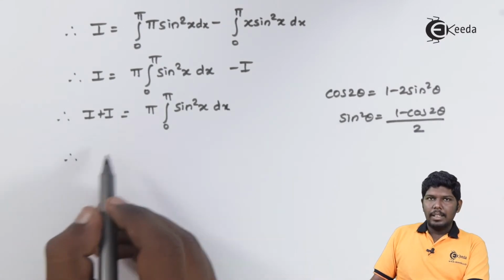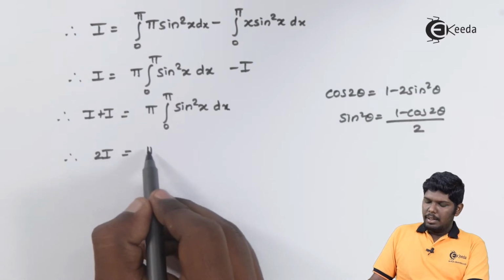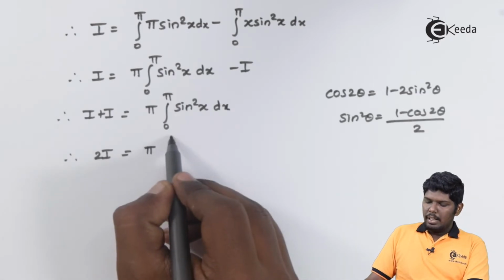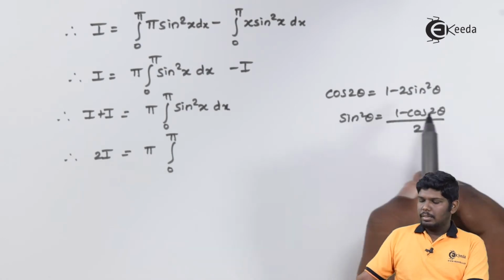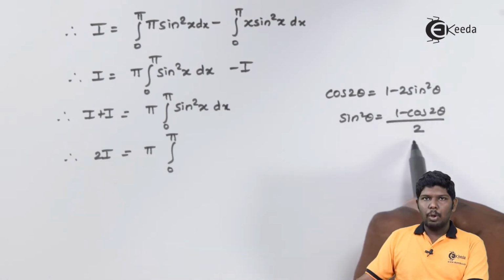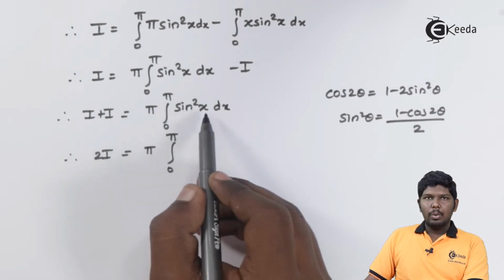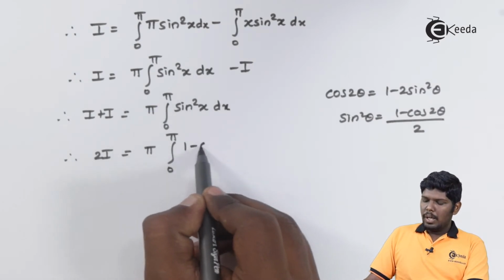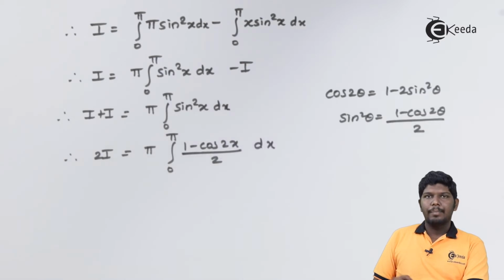Therefore, I plus I will give you 2I equals pi times integral 0 to pi of sine square x, which gives 1 minus cos 2x upon 2 dx.